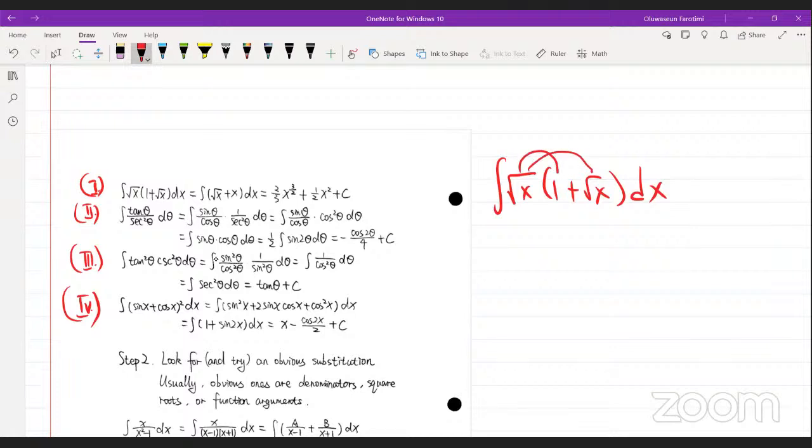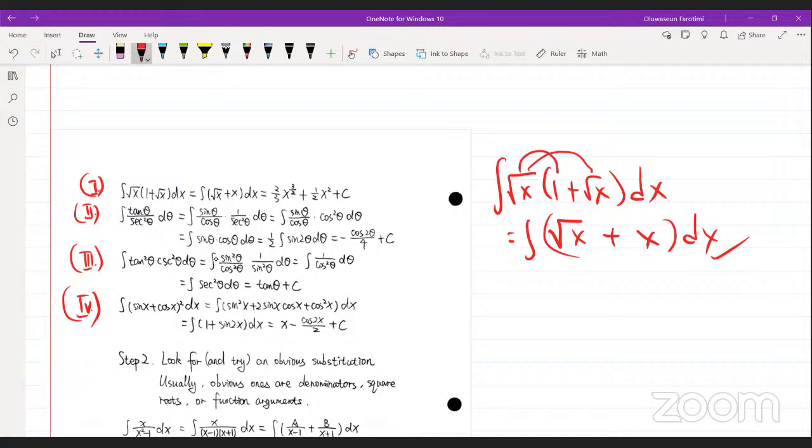If you distribute, you exactly have square root of x plus x, and then you're good to go. In example 2, you just rewrite tangent. Tangent is sine over cosine. So this is the idea of simplifying the integrands.